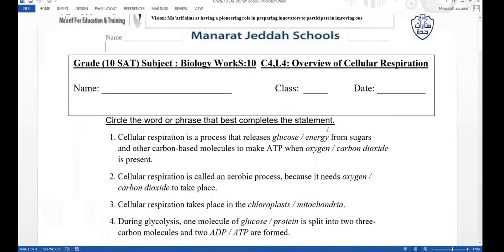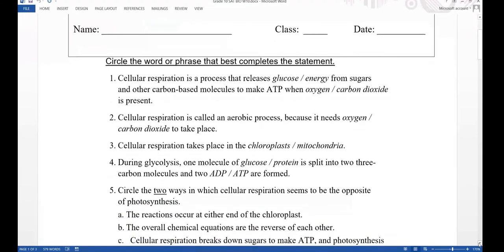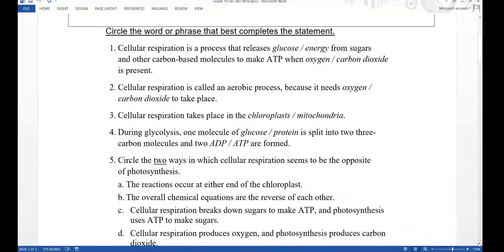Okay, so this is worksheet 10 on overview of cellular respiration. I want you all to take out your worksheets if you have downloaded or opened them. Question number 1. Circle the word or phrase that best completes the statement.